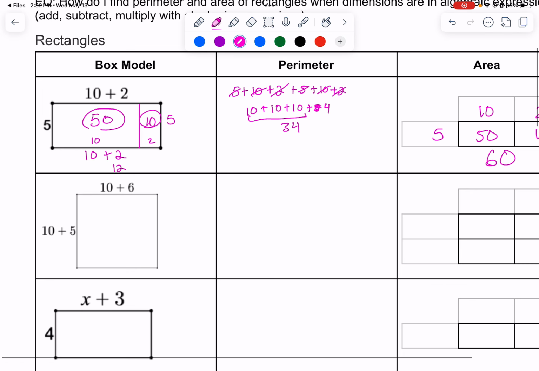Let's expand that idea into a rectangle that has just higher numbers and different groupings of them. Again, I can copy and paste these numbers across to the opposite sides. So that's going to give me 4 10s, so I have 10 plus 10 plus 10 plus 10.